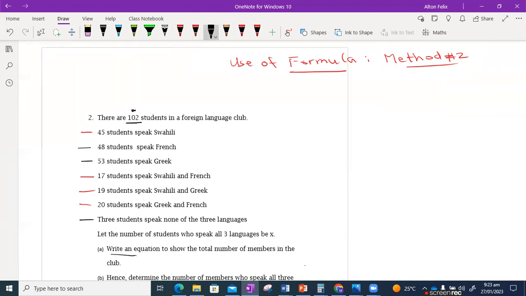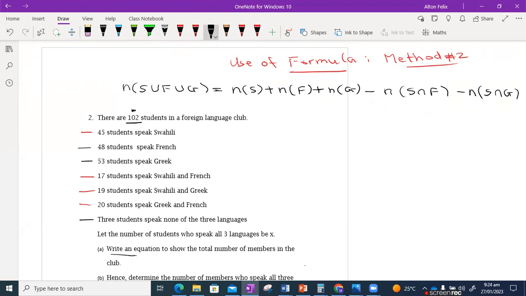Now, this formula says, if you have 3 sets as we have here, Swahili, French, and Greek, the number of members in Swahili union French union Greek will be equal to the number of students doing Swahili plus the number of students doing French plus the number of students doing Greek, minus the intersections: minus the number doing Swahili and French, minus the number doing Swahili and Greek, minus the number doing French and Greek, plus the number of students in all 3, Swahili intersect French intersect Greek.